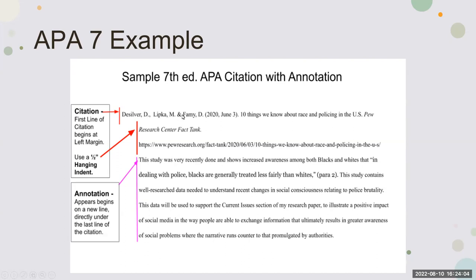And then a third author, last name, comma, first initial, the date in parentheses, followed by a period, the article title, just written out, and then the place where the article is located, your URL. Notice that there's no extra space, and then you start the annotation.